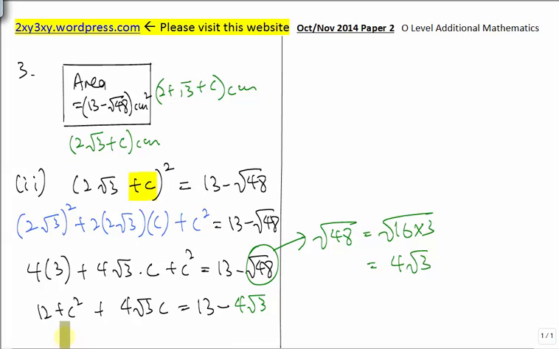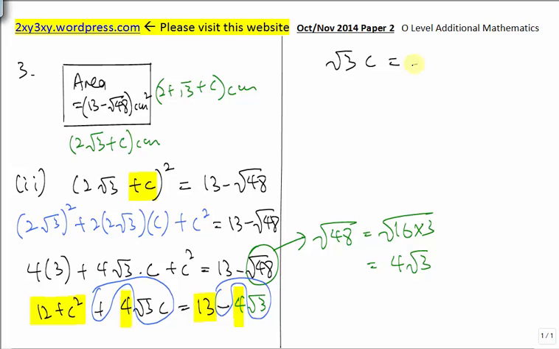Now if we were to compare the left and the right hand side, we realize that this constant here will be this constant. There is a 4 here. We have a 4 here. So now we have square root of 3c equal to negative square root of 3.